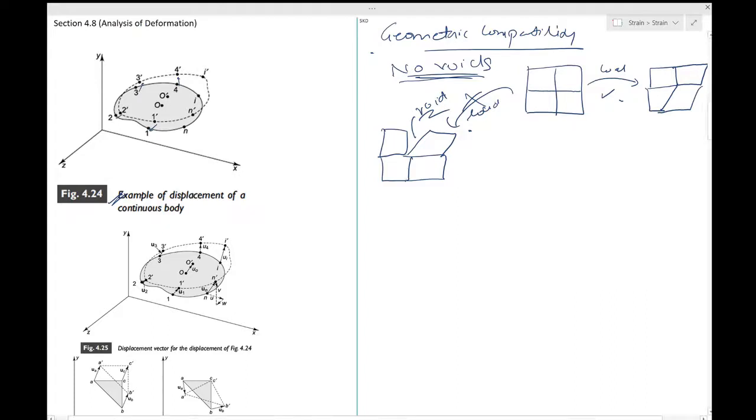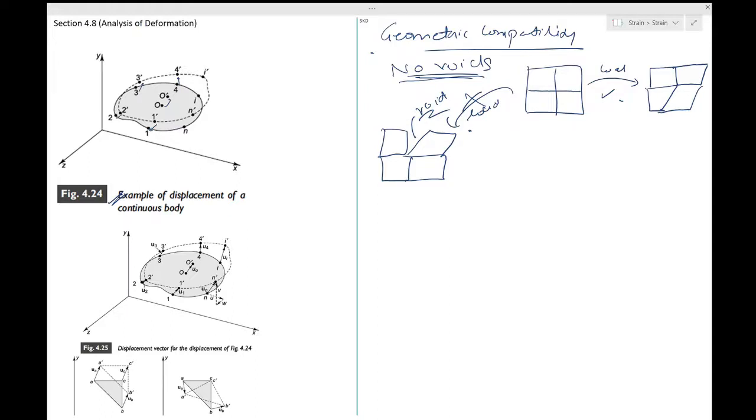The point O goes to O dash, and the dashed line which you see is the deformed state of the solid. After the deformation has happened, this is how the three-dimensional solid looks.